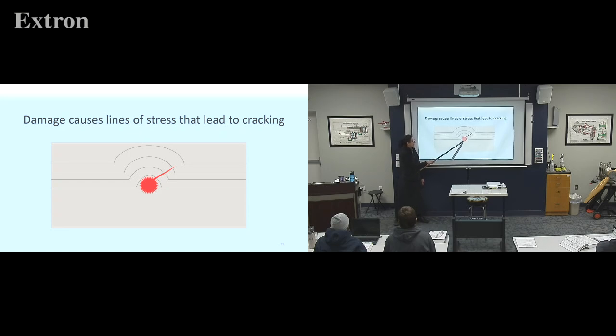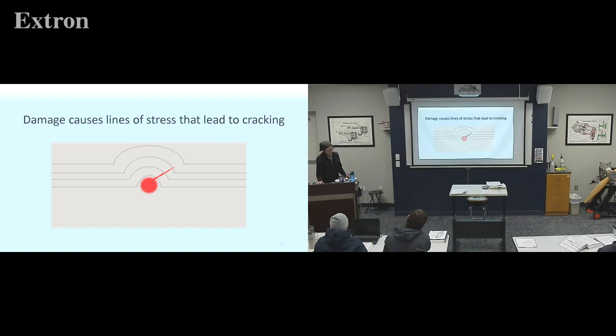But if metal is missing, there's a crack or a hole, now the stress has to go somewhere else, so it's going to go up this way. Everything is now taking a turn, and the cracks will develop somewhere along where that stress is being deflected. Kind of like a rock in a stream. The stream is flowing, but oops, now it has to go around something.